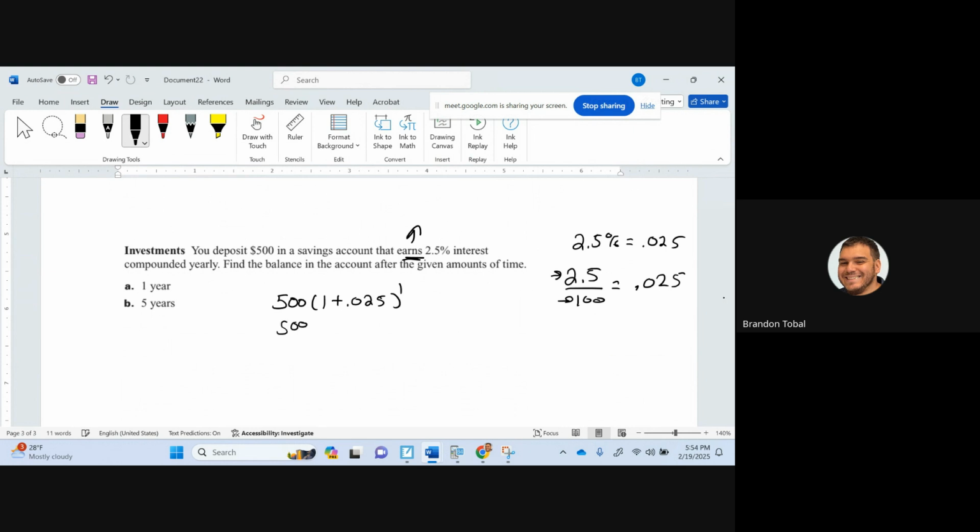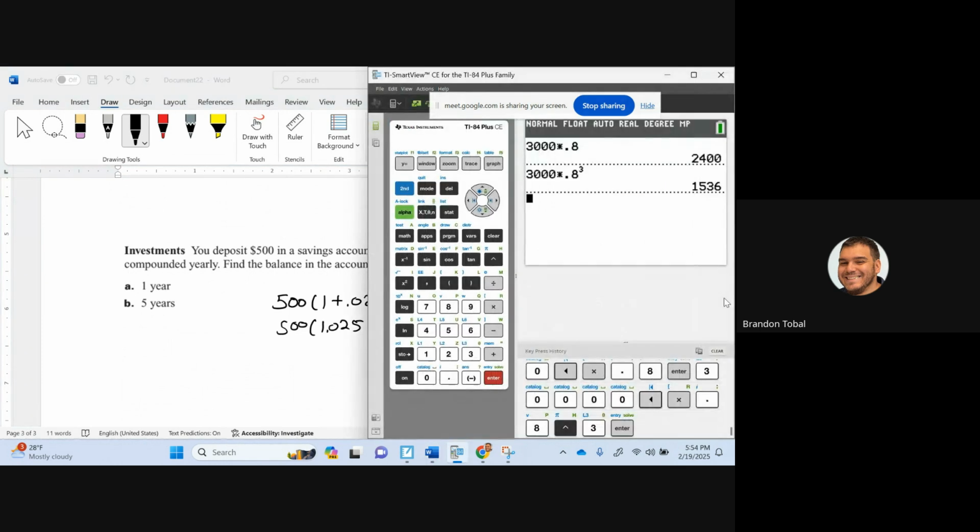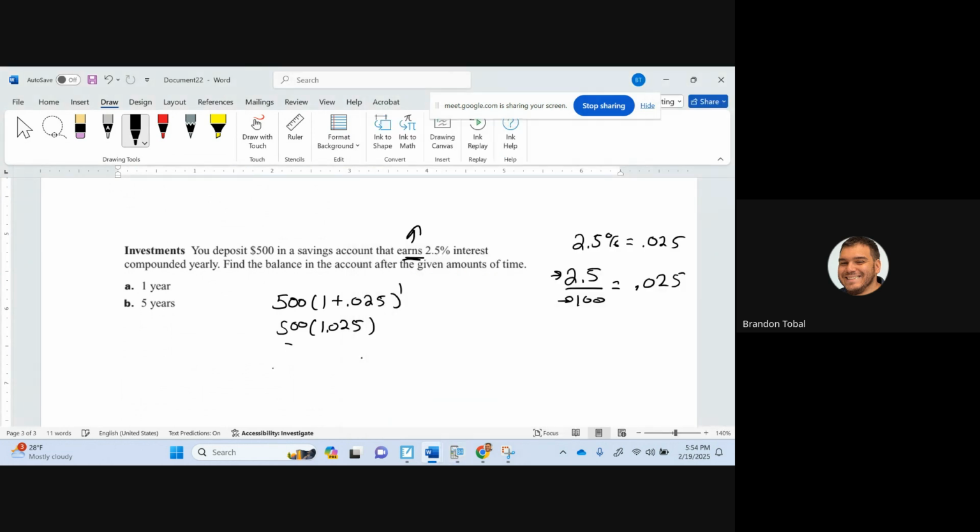So 500 times 1.025. That's 512.5. Because it's money, you should put 512.50 because it's cents. Okay.